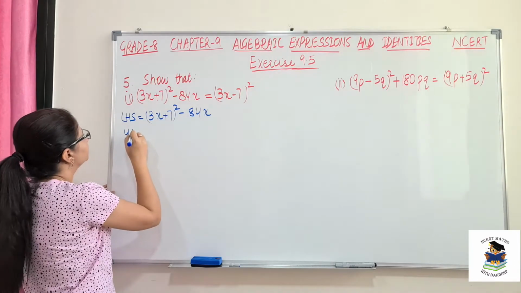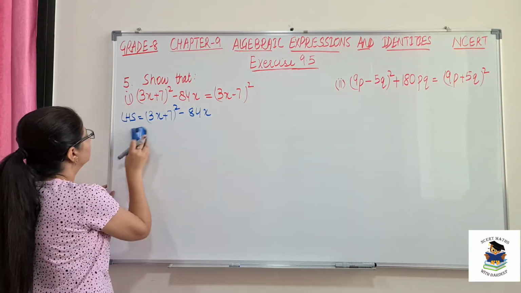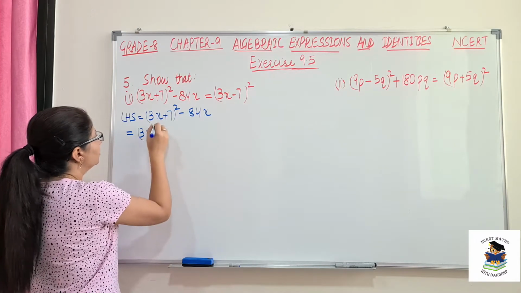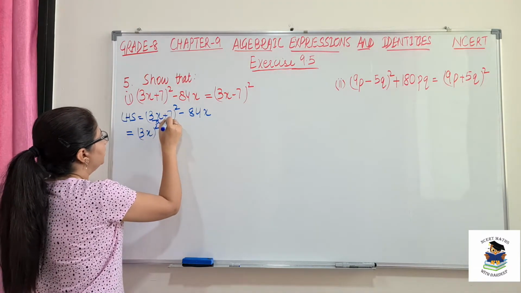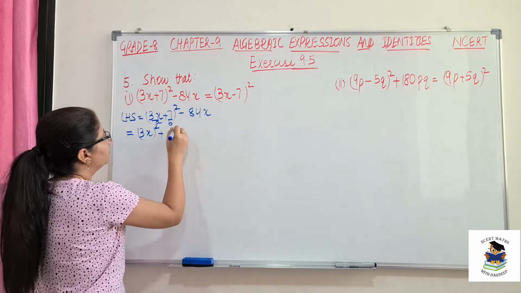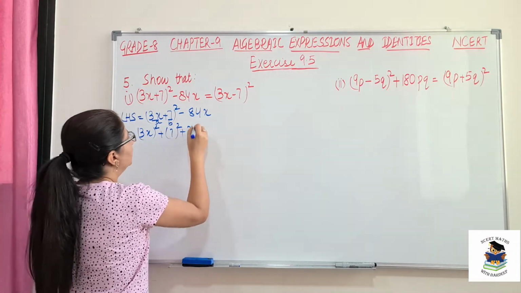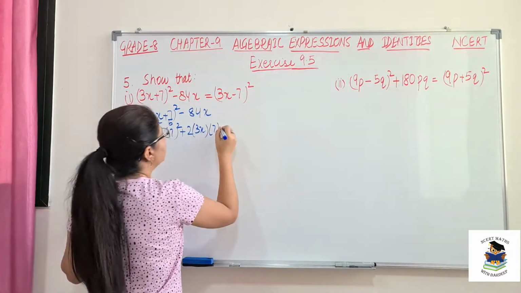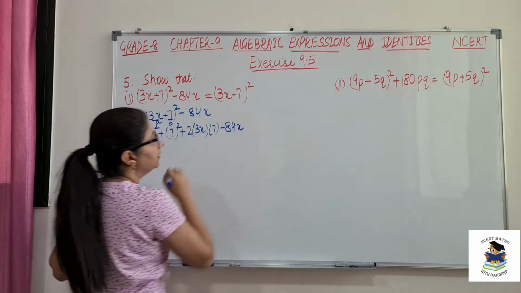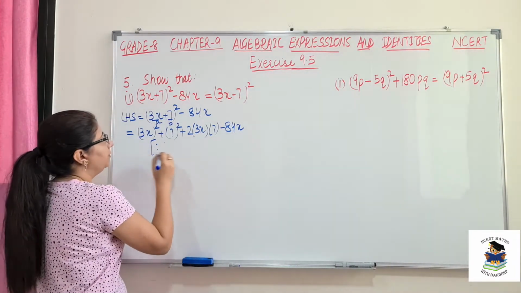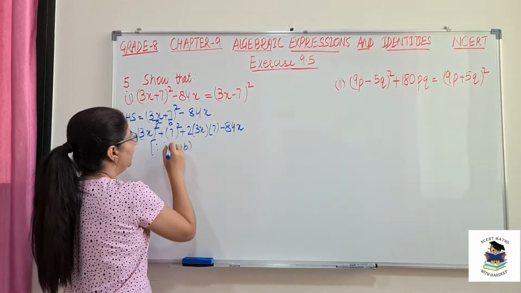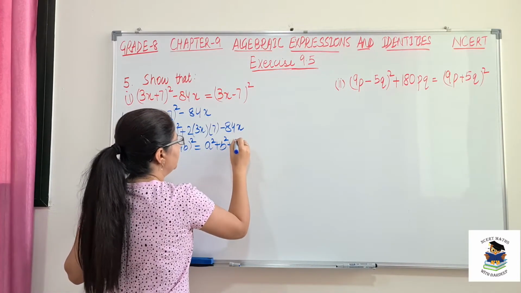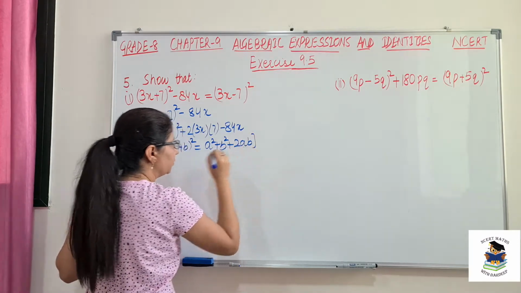If this is a, this is b, then a square plus b square plus 2ab, and this minus 84x as it is. Because (a plus b) whole square is equal to a square plus b square plus 2ab.